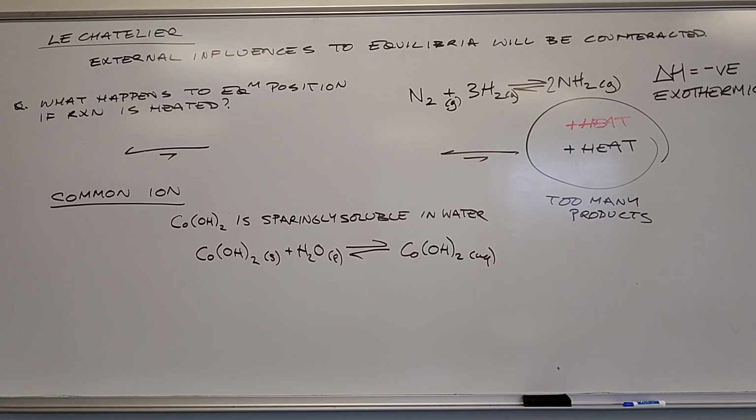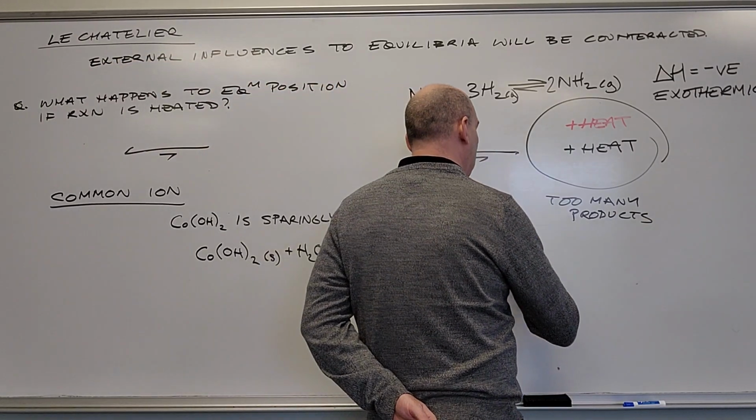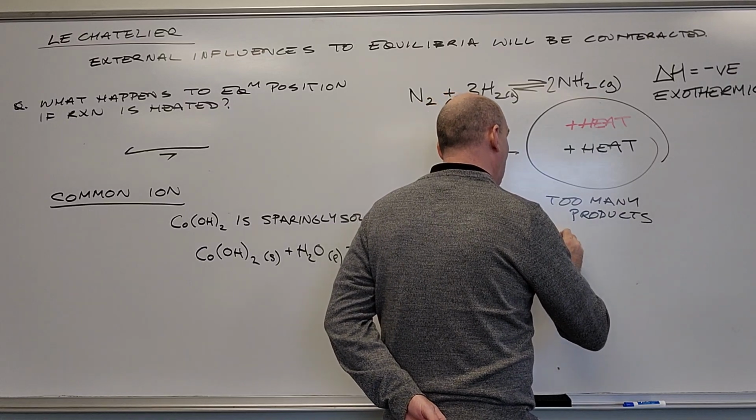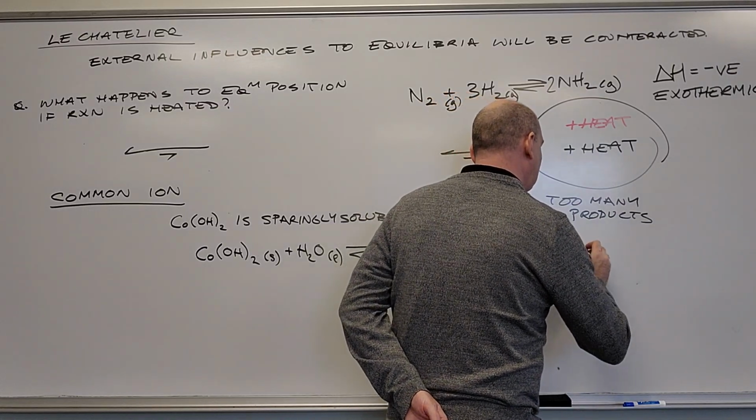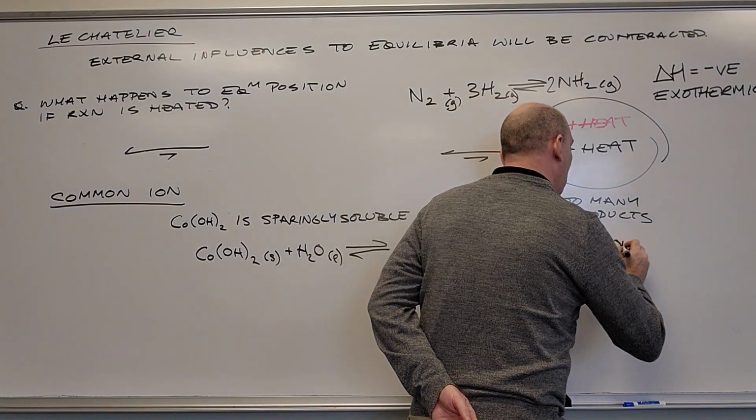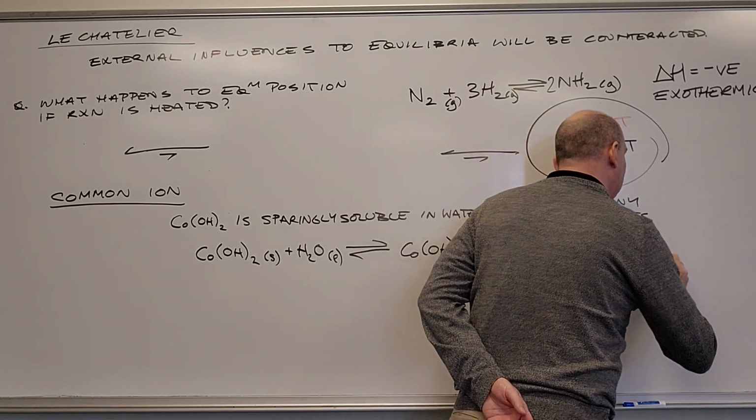Now, because cobalt hydroxide is from the ionic world, a metal and a non-metal, what this means is cobalt 2+ and 2 hydroxides.